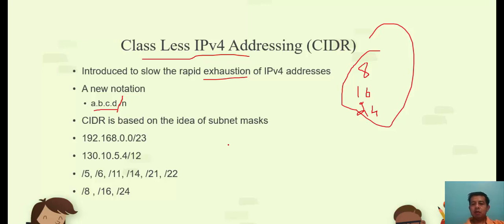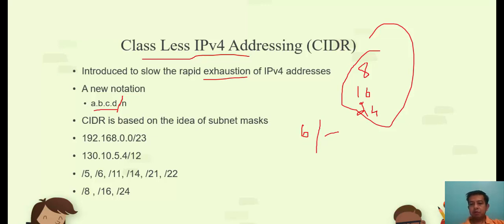Now they can use any number of bits for the networking part and any number of bits for the host part, depending on the requirement of the organization that wants to buy an IP address. Clear? Instead of fixed 8, 16, 24, they can use any number for the network part and the host part. Say someone may want to use only 6 bits for the network part, and the remaining 32 minus 6 bits would be for the host part.